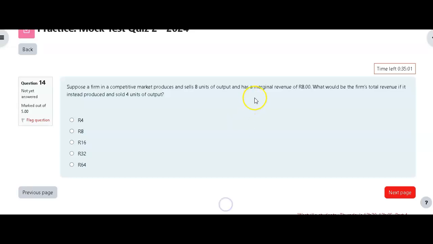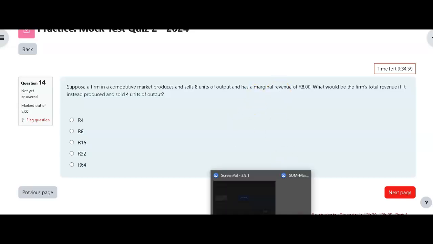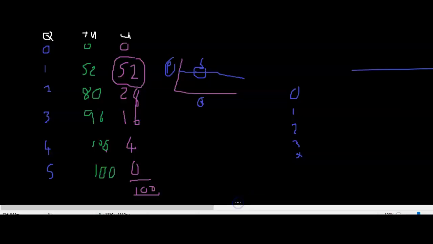Now they're saying the marginal revenue is 8 Rand. Marginal revenue, so when increasing 1 product, the additional sale you get is 8 Rand. So 0 products will obviously have 0 Rand. 1 product will have 8 Rand. But when you launch another product, the marginal revenue is 8 Rand, so you're getting 8 Rand more than the previous one. So here you're getting 16.